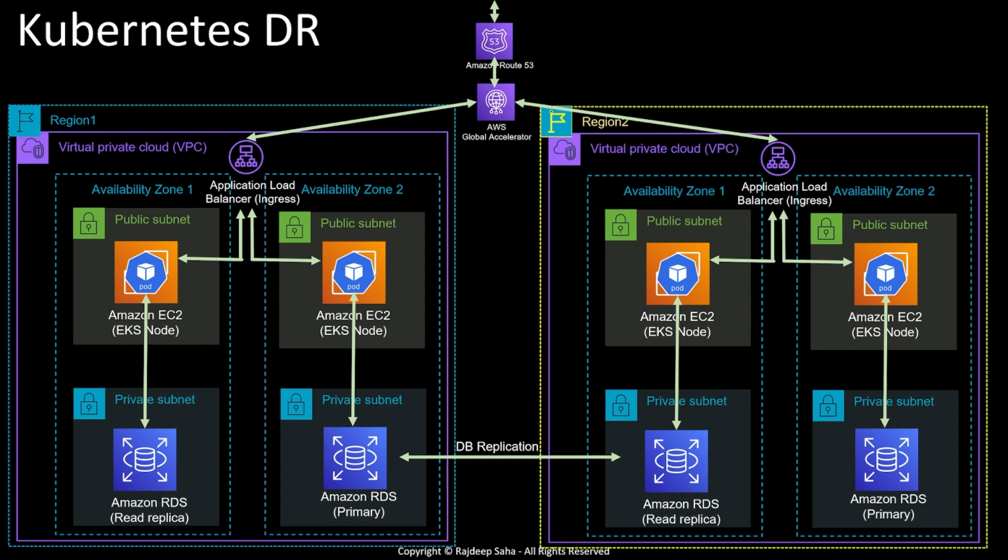If you are using some other database, you either have to orchestrate the replication yourself or use some third-party solution. Let's say you have a stateful application. In case your pods need to use some EBS volume, you can replicate that and take a backup of that using tools like Velero.